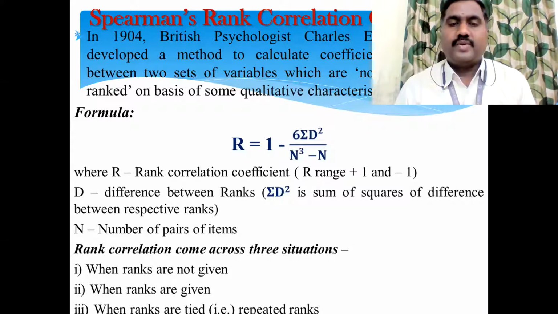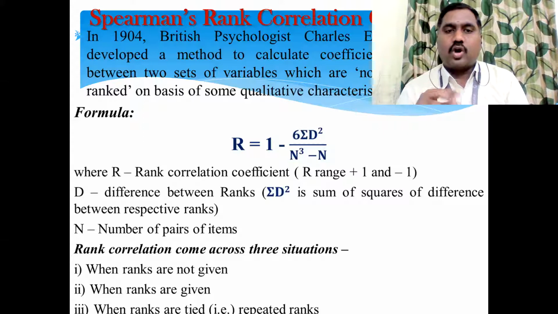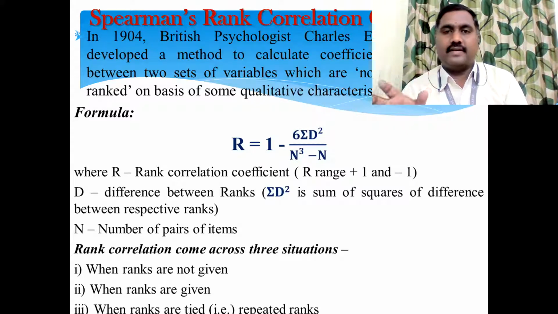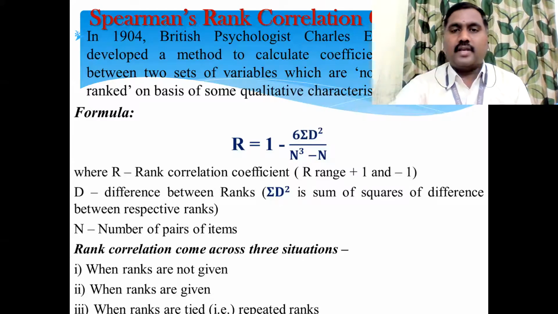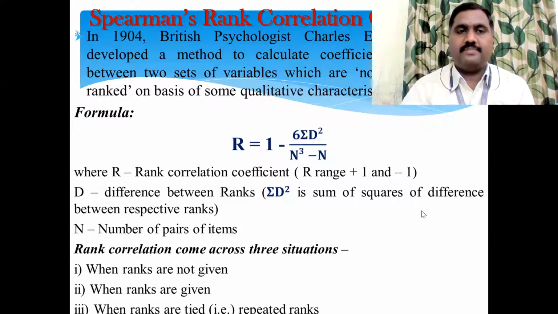We worked out the problems on correlation analysis, and we discussed what kinds of problems you will get. Directly they may give x and y, and you get big values. You have to change the origin and scale, and you can take an assumed mean and do it, right? And continuing from that, we started the second method yesterday.